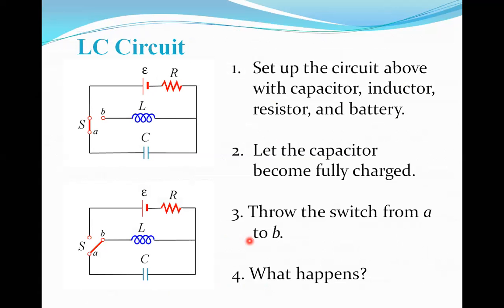If you observe, this is an open terminal, so through this open terminal there won't be any current in the circuit. If I close this switch, there will be a current through the condenser. After the condenser attains its maximum charge, we will open this switch and connect point A to point B.